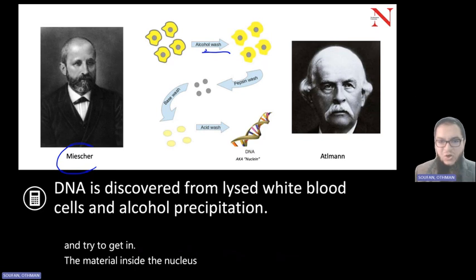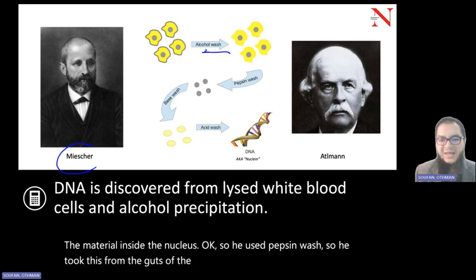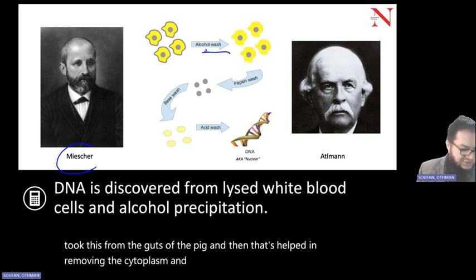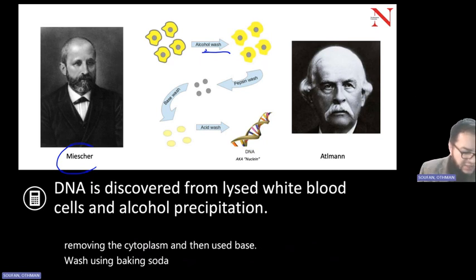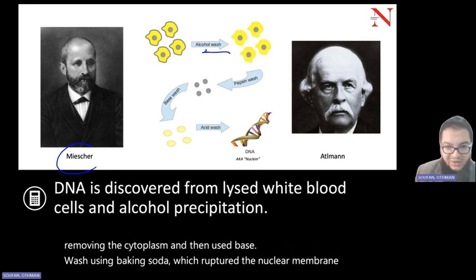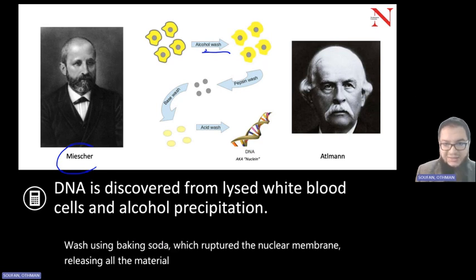Okay, so he used pepsin wash. He took this from the guts of the pig, and that helped in removing the cytoplasm, and then used base wash using baking soda, which ruptured the nuclear membrane, releasing all the material inside.